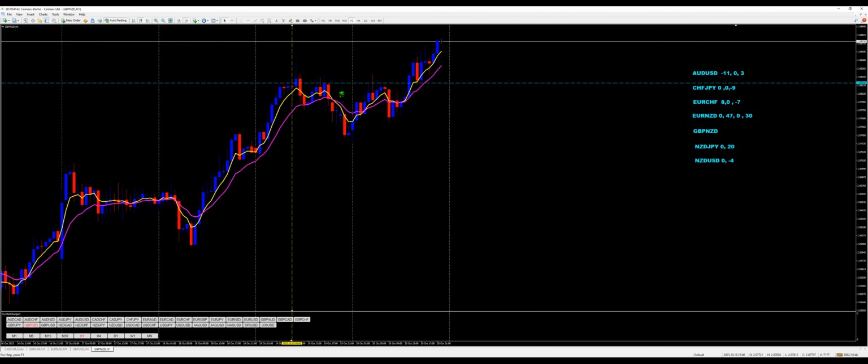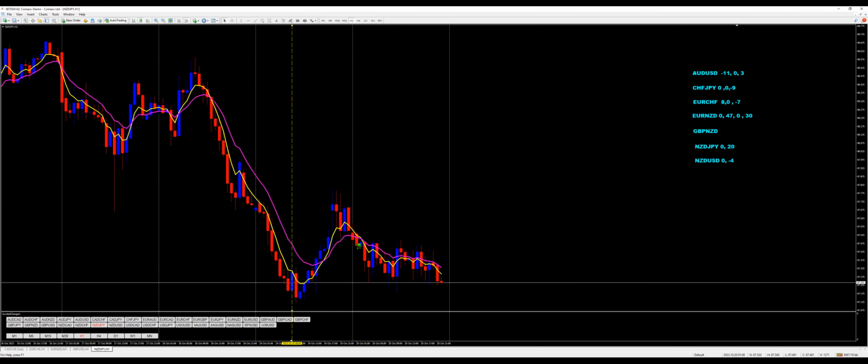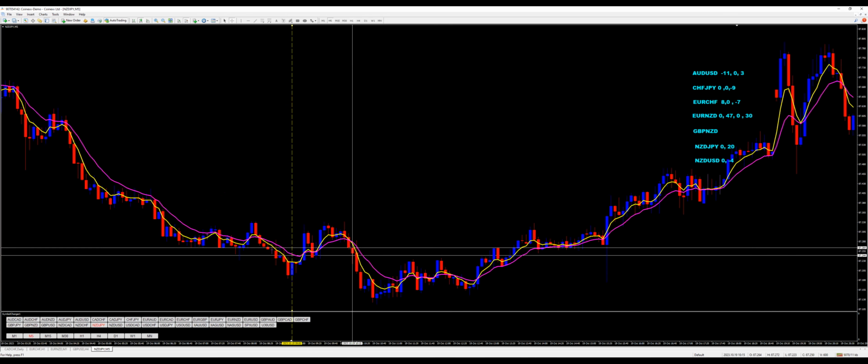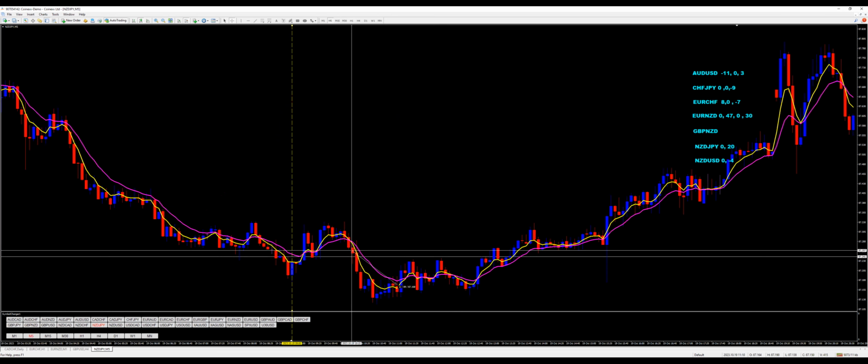Probably because the daily is just starting out. Okay, and then NZD yen, the short. Okay, 5 minute. Here's the trade. 7 pips.